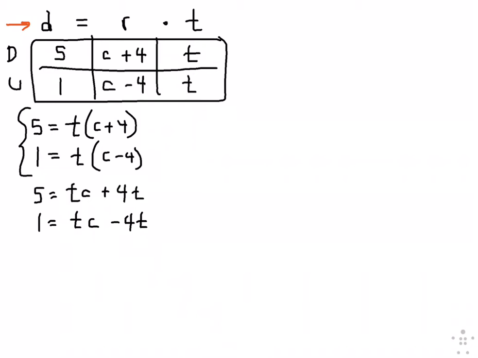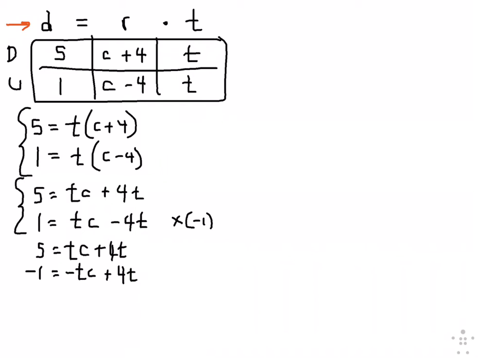So I have a TC and a TC, so they could cancel if I multiply this bottom equation by -1, right? So the top equation stays the same, 5 equals TC plus 4T. And the bottom equation now becomes -1 equals negative TC plus 4T, right?